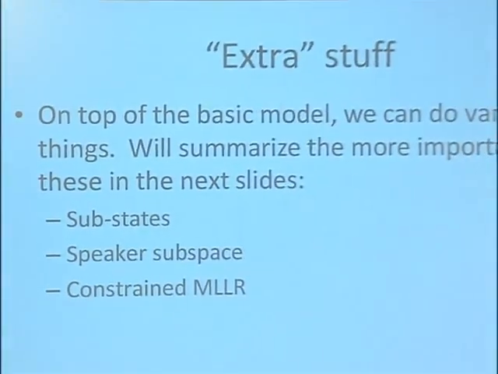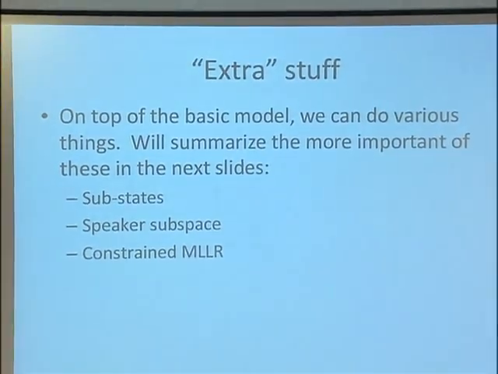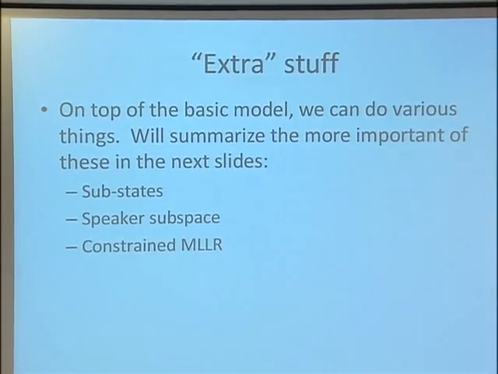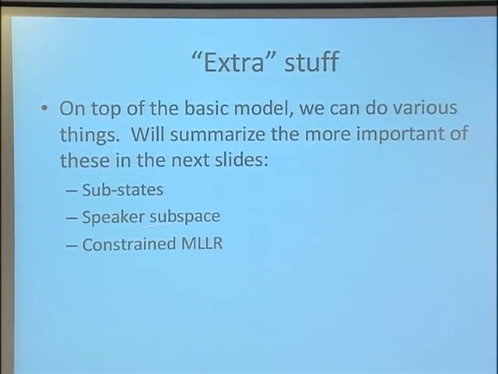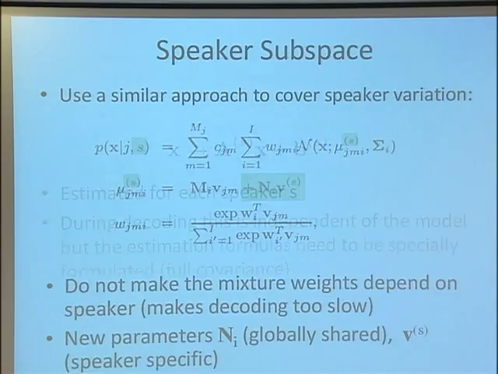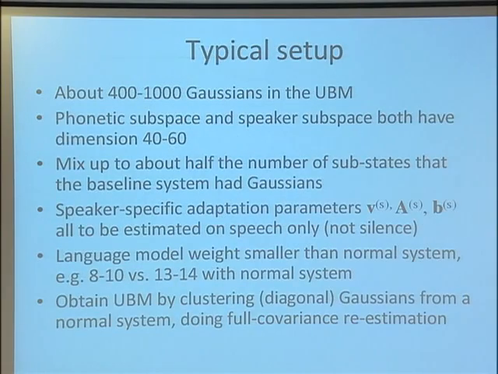So Arnab especially has mentioned some of these extra things you can do on top of the basic model. We have the substates, we have the speaker subspace, we have the constrained MLLR. I'm not going to go through these slides because they've been well covered. I want to talk just about the typical setup and tuning issues. So a normal setup, both if you have the speaker subspace and if you have the phonetic subspace, the dimension would be in the range 40 to 60.